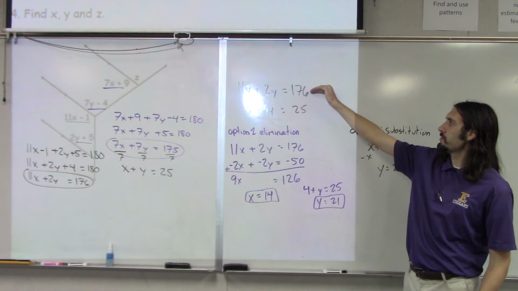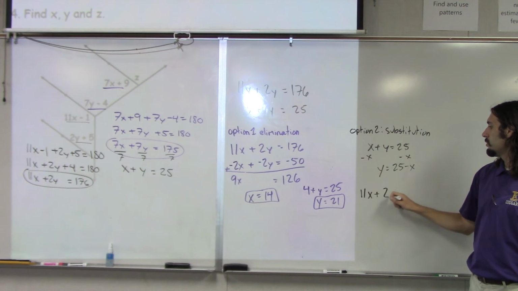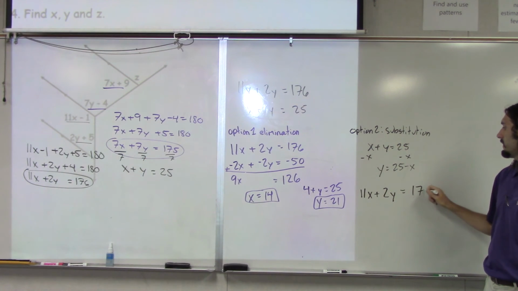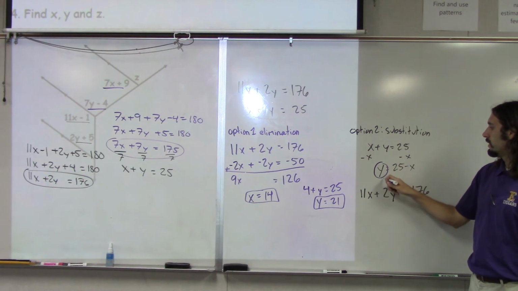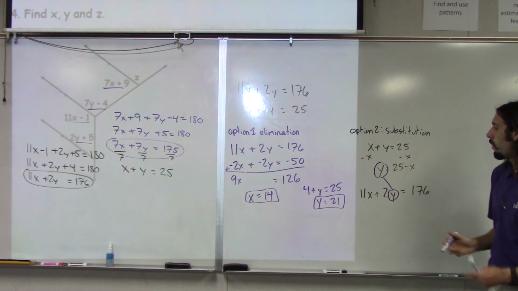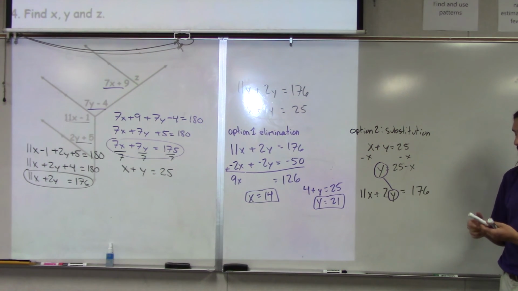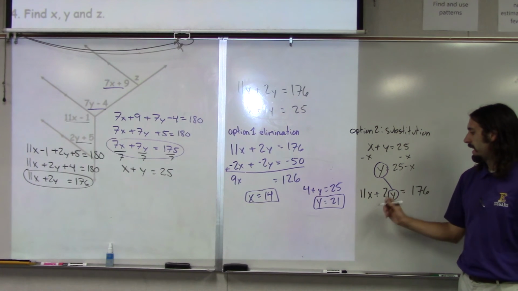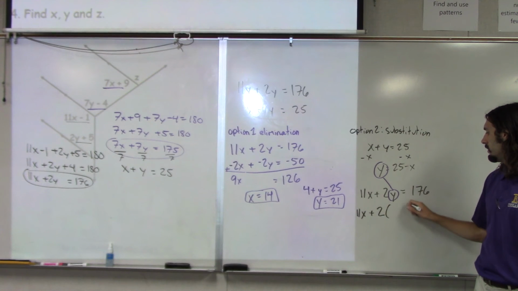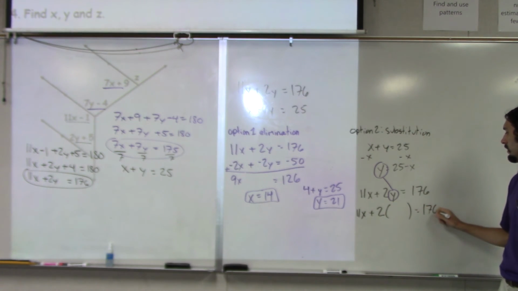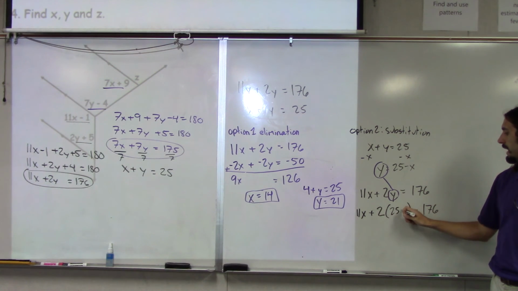So take my first equation up here. 11x plus 2y is equal to 176. Well, lo and behold, my y is right there. I'm going to replace this y with 25 minus x. So I now have 11x plus 2, but instead of y, I'm going to get to write 25 minus x.